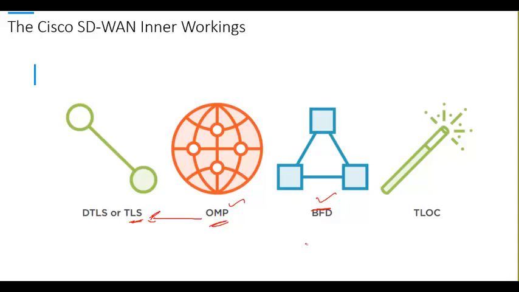These packets are echoed back by the remote end which received the hello. I say hello and the echo comes back from my neighbor. That echo brings me the liveliness and the quality of the path. So by default, every WAN edge router can measure loss, latency, and jitter of the data plane tunnels.